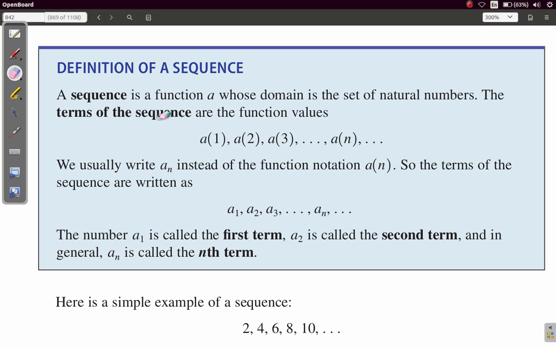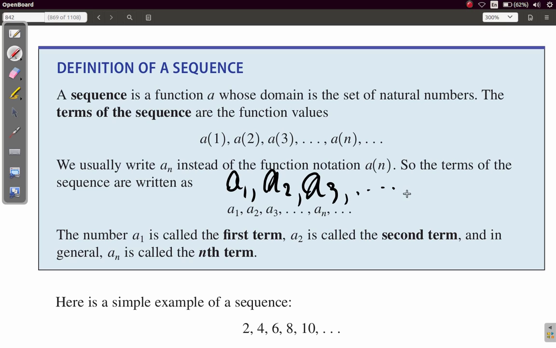That means you put in certain numbers and you're going to do your calculation to get out other numbers to make the sequence. The terms of a sequence, A1, A2, A3, well, they're generally not written with the numbers in brackets. They're written usually as a subscript, the numbers being subscript. So you have A1, and you have A2, you have A3, and so on.